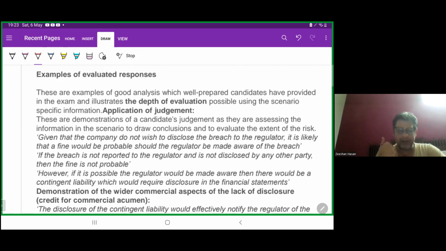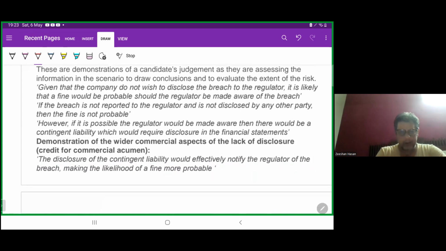For demonstration of the wider commercial aspects of the lack of disclosure, credit for commercial acumen was given. The disclosure of the contingent liability would effectively notify the regulator of the breach, making the likelihood of a fine more probable.